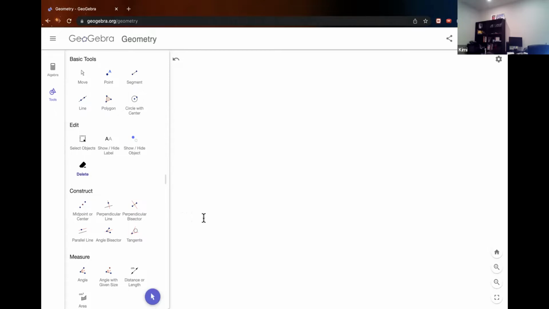And then 6 sides would be 60, and that makes sense. Then 8 sides would be 30 degrees, and 10 sides would be 15 degrees.